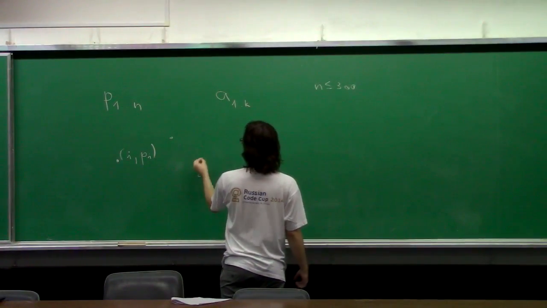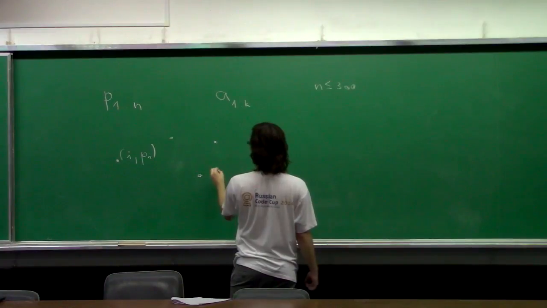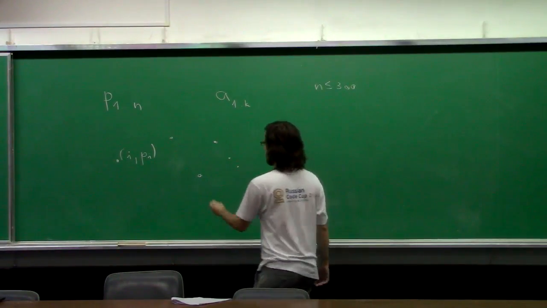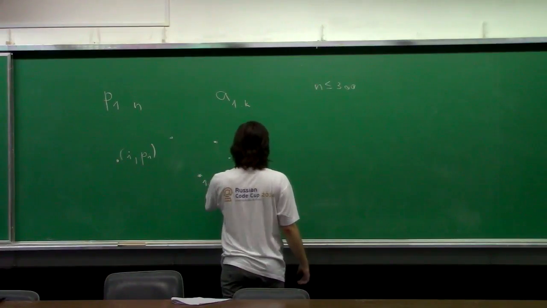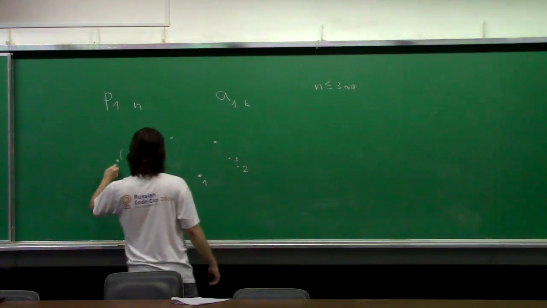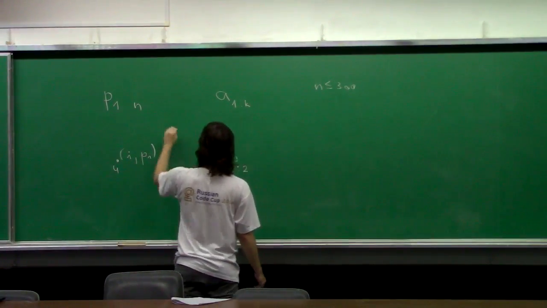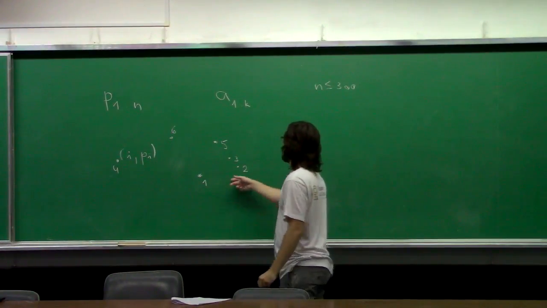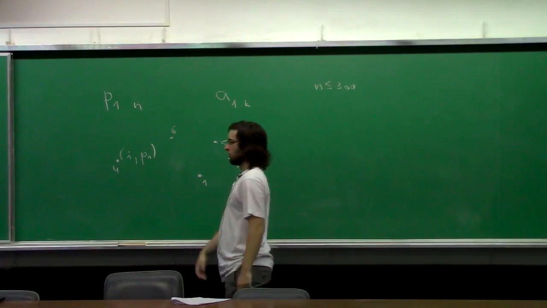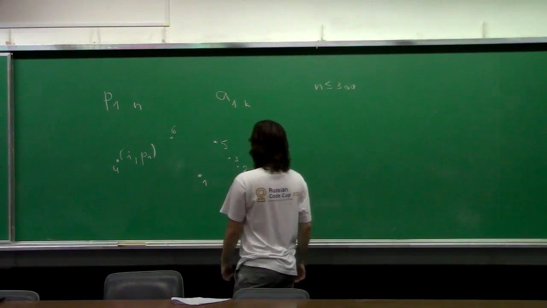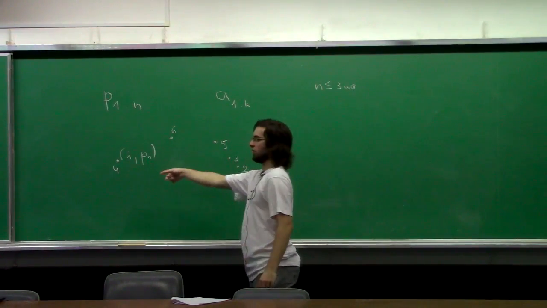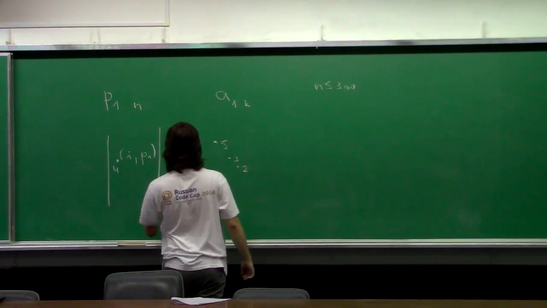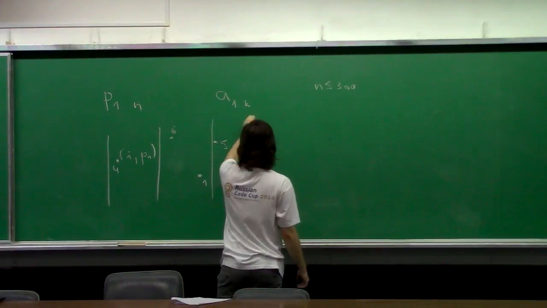Then, for example, if pi equals 1, 2, 3, 4, 5, 6, then the monotonic segments of this permutation would have size 1, size 2, and size 3.